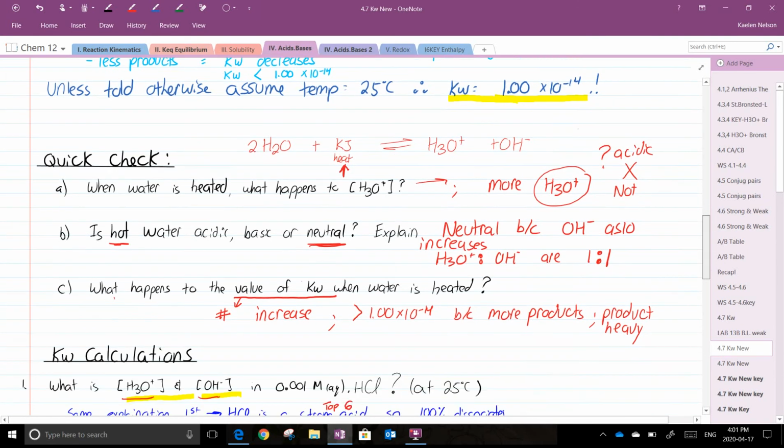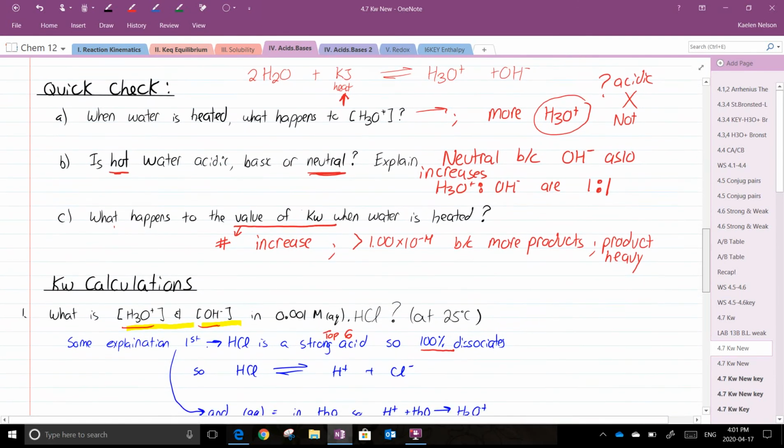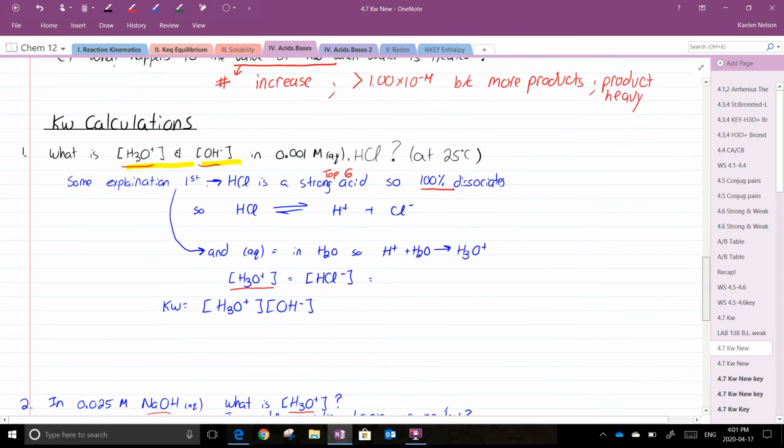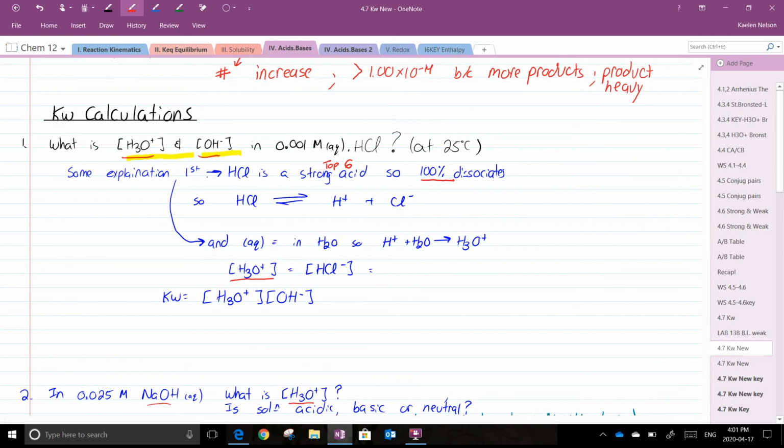Okay, and we have one last Kw calculation here to show you how to complete. So my question in example 1 wants to know the H3O and the OH minus in a 0.001 molar solution of HCl. So the important thing is to know that HCl is one of your top 6.